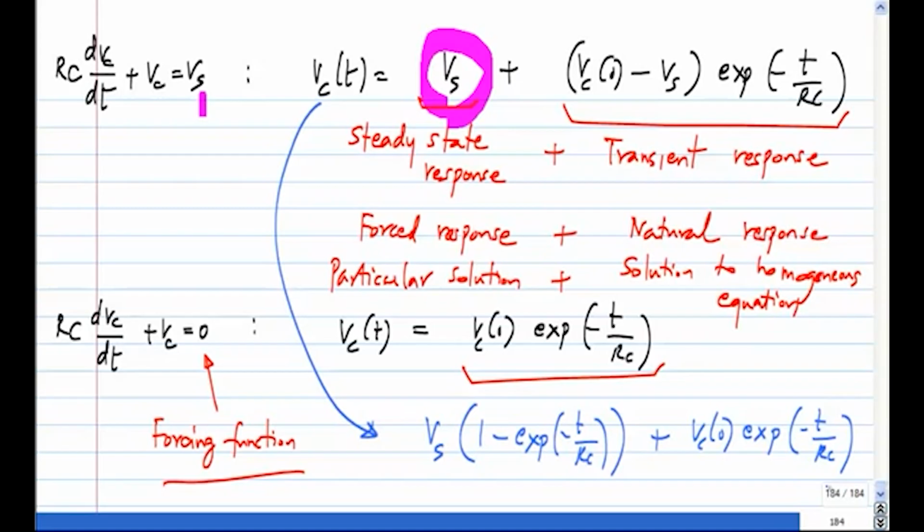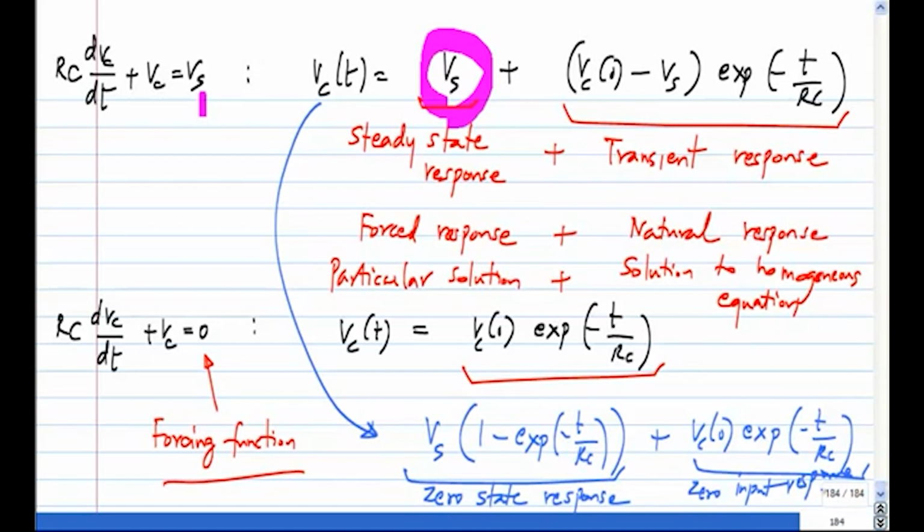We find that even for complicated circuits, as long as you have only one capacitor, you will be pretty much able to write down the solution by inspection if you understand these things. Okay. So this is known as the zero state response, and this is the zero input response. Okay, and the names are pretty obvious.